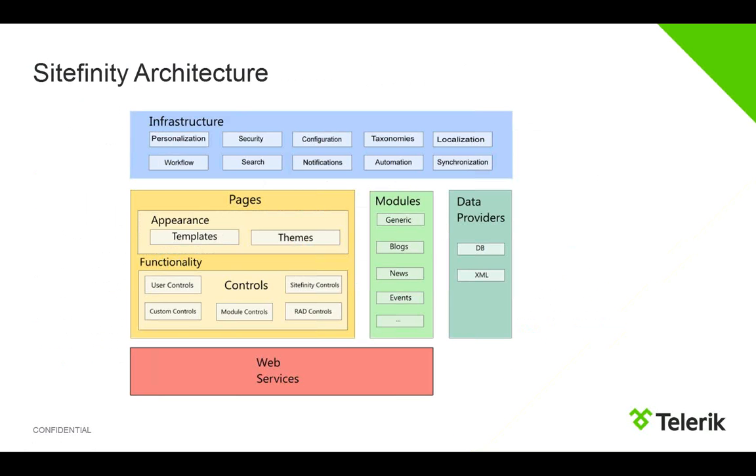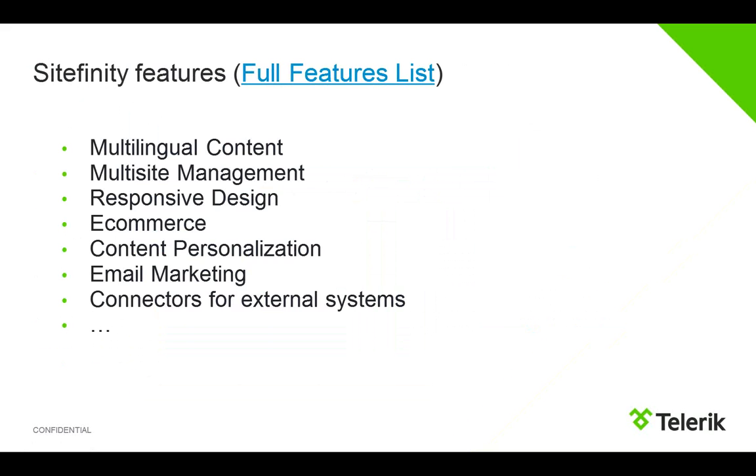We have some built-in modules that address the most typical scenarios like blogs, news, events. And again, here you can add your own modules as well. And of course, we have the infrastructure layer where we have the common taxonomies, the personalization feature, our security with the granular permissions, everything in one place.